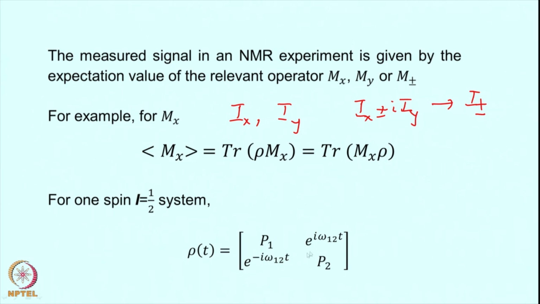So we will assume that we have somehow created this coherence between the two energy levels 1 and 2. And we also assume that the amplitudes here are the same. So this is the particular amplitude here, and of course the same amplitude is present here. So this is my initial density operator to start with. We do not ask how I created this at this point, and we will see what the consequence of this is. How we created it comes later, and that also we will see in due course.